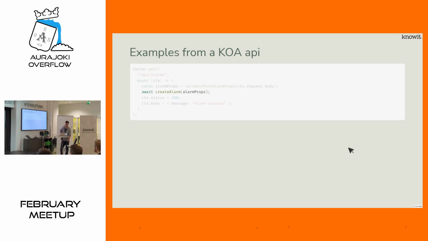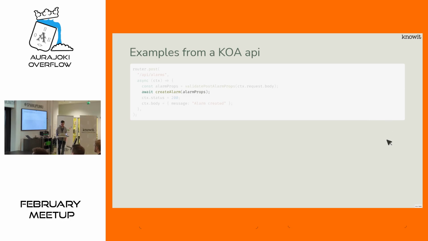This is a rather recent function or endpoint which is already implemented following some kind of design patterns. It's at least trying to follow the stratified layer design I was talking about earlier.